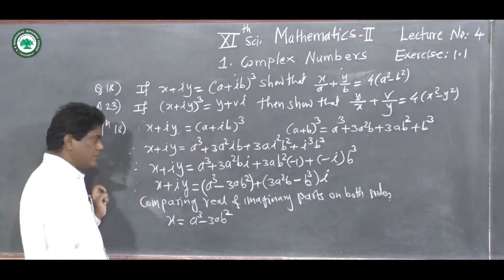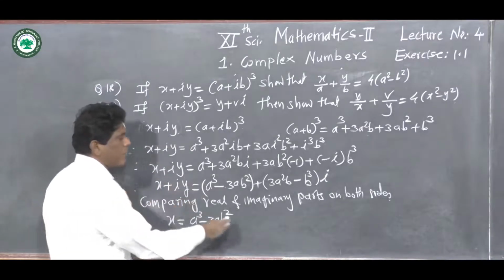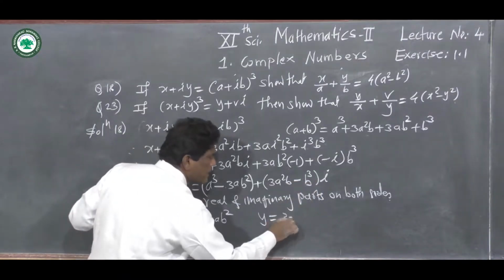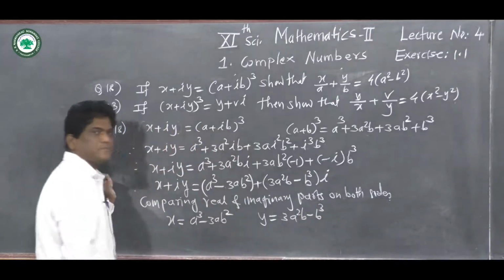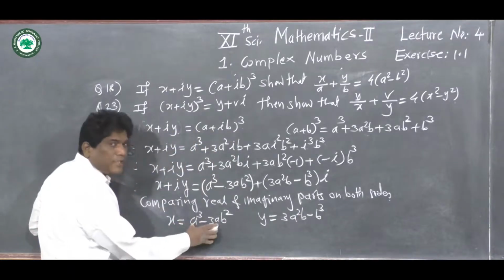Get it? Now the imaginary part means the coefficient of i, so y is equal to 3a^2 b minus b^3. Now observe here a^3, so we take a common.